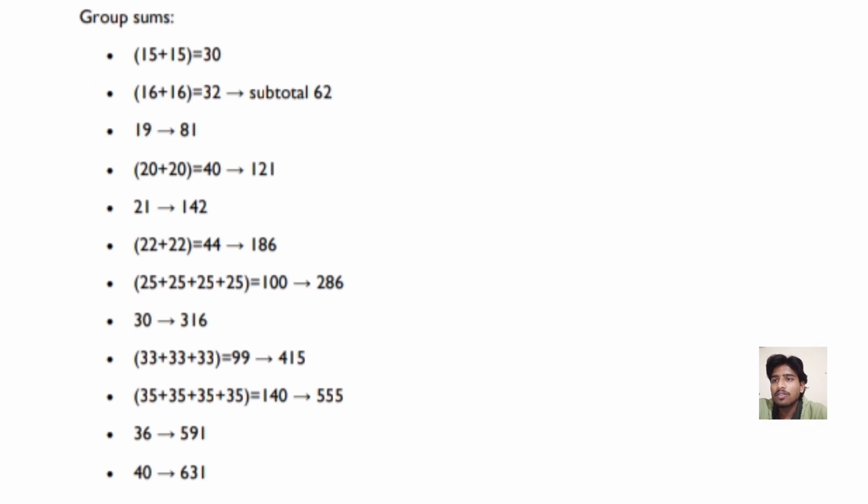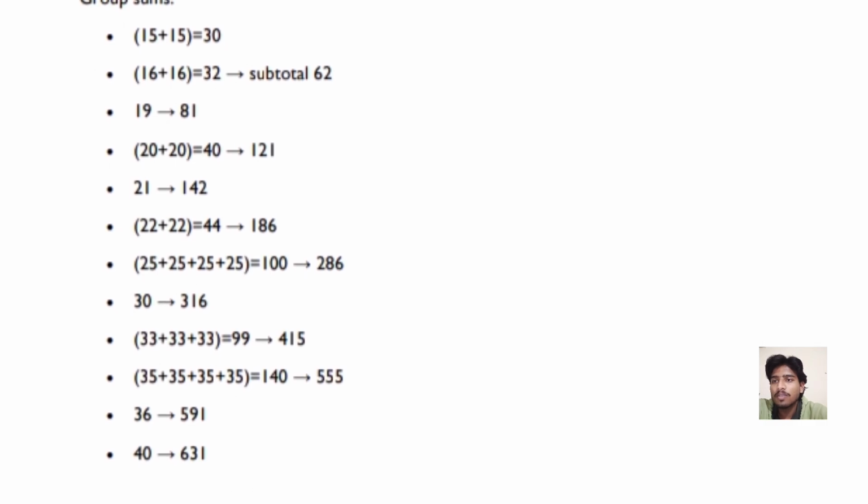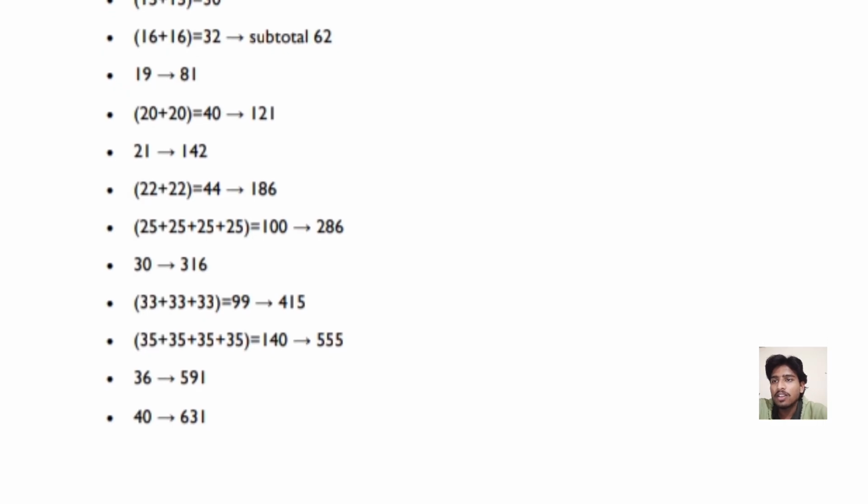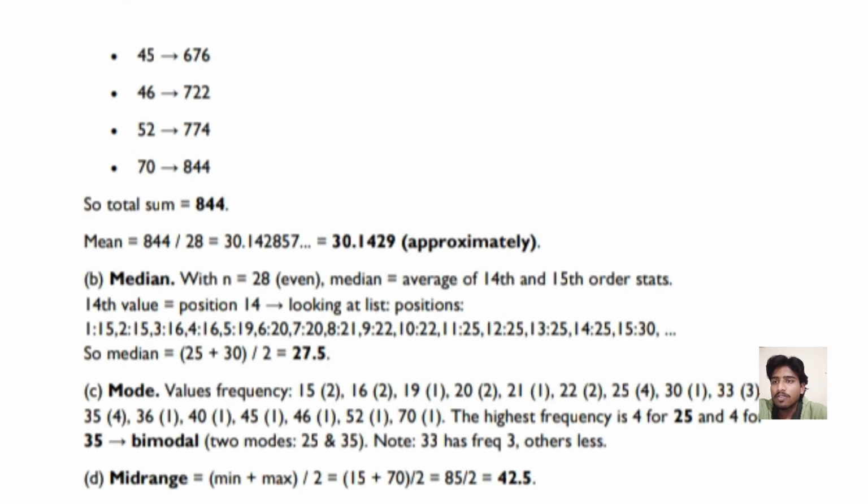The subtotal is 62, then 81, then totals 30, 36. This is the total: the total sum of the series is 844.